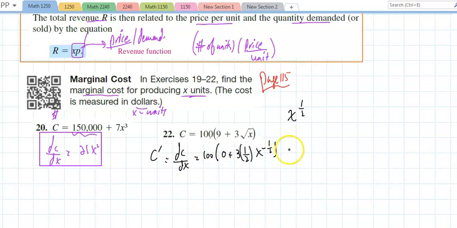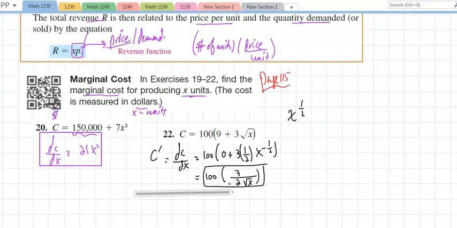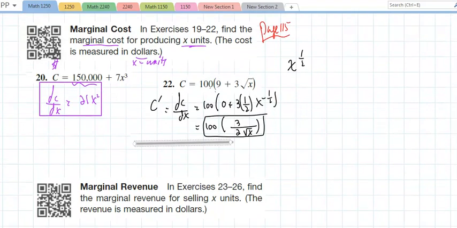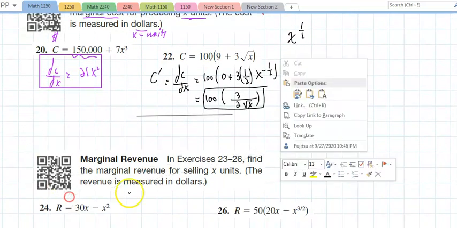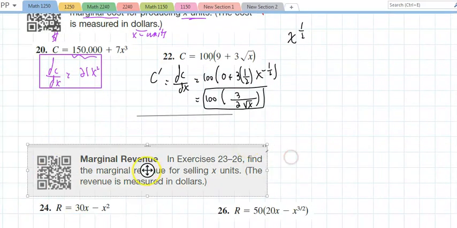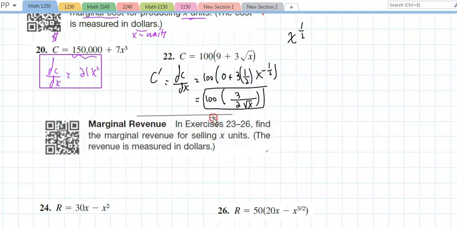So wouldn't you say this would be 100 times 3 over 2 radical x? So tell me what x is. I'll plug it in and I'll tell you the marginal cost at that point, what's the additional cost of introducing the next unit, depending on how many units you want.